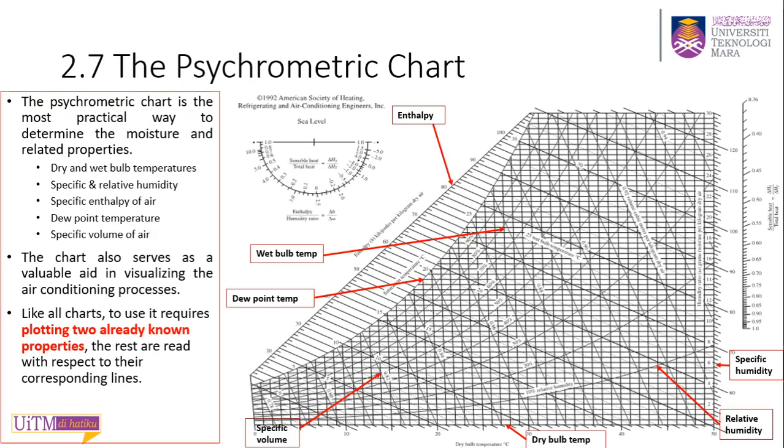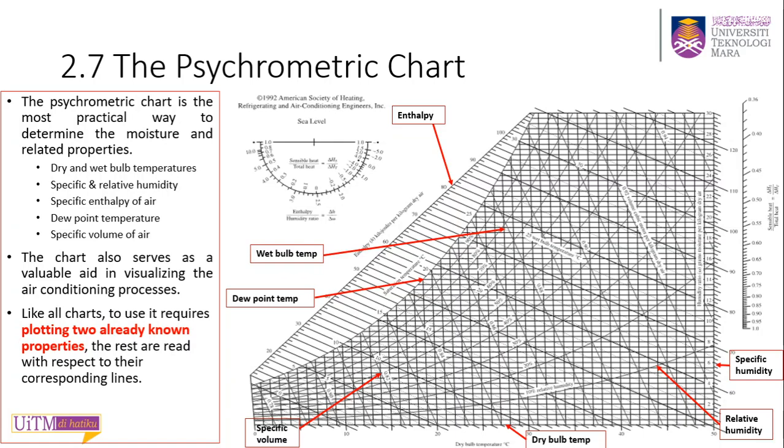Okay, now let's look at the subtopic, the psychrometric chart. First of all, students should ask what is a psychrometric chart. So the psychrometric chart is basically a tool used in the industry by air conditioning designers when they want to design an air conditioning system.